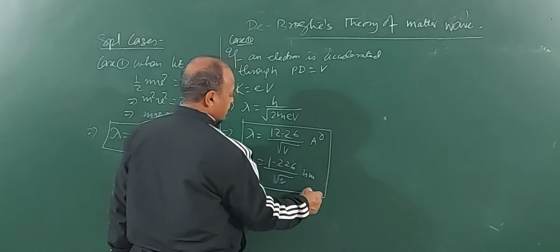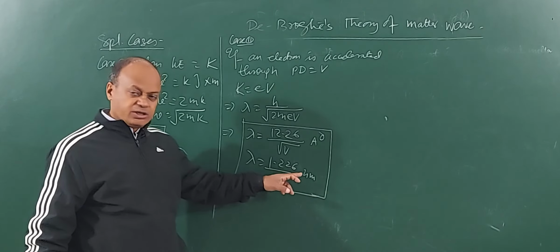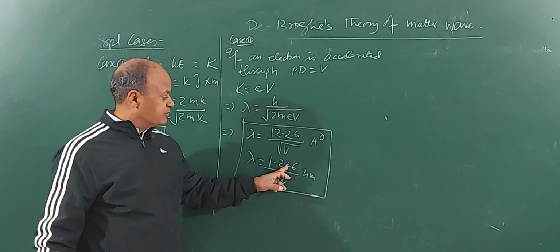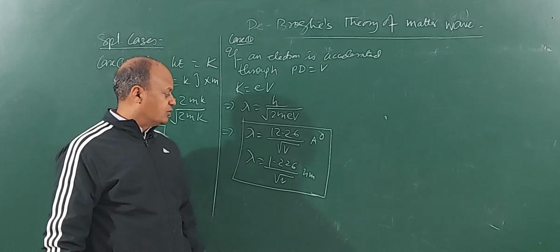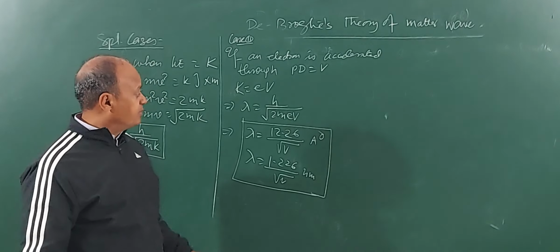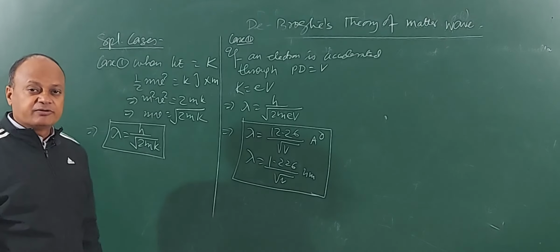I can also wind up with 1.23 divided by root V nanometer. So, this formula and this formula will be very handy for you for numericals.